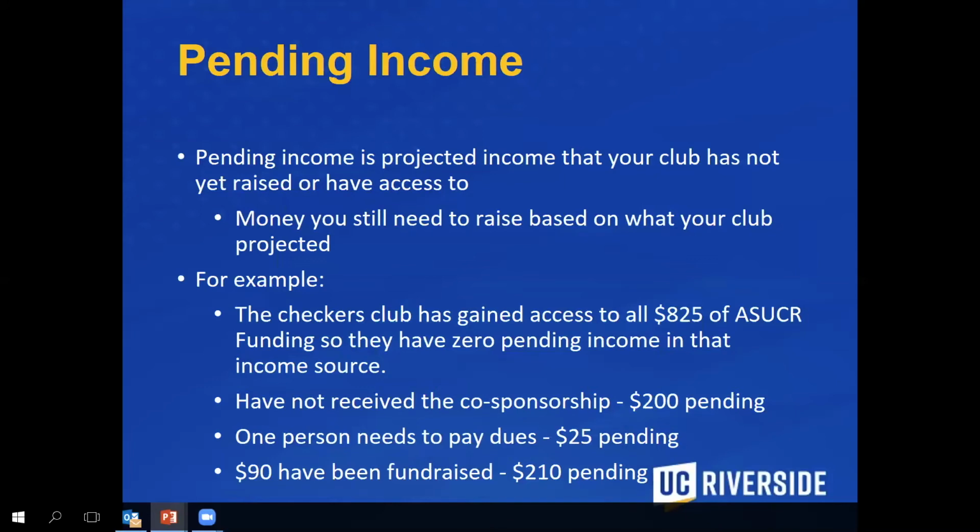They have not received the co-sponsorship from ASPB, so they still have $200 pending in that income source. One person still needs to pay their dues, so that's $25 pending. And they've only had one fundraiser that has raised $90, so they still have pending income to raise of $210.